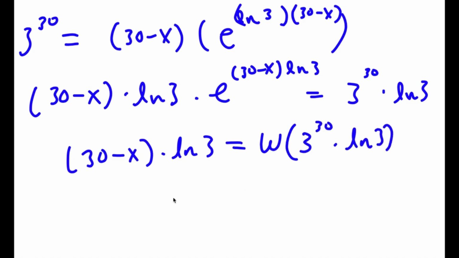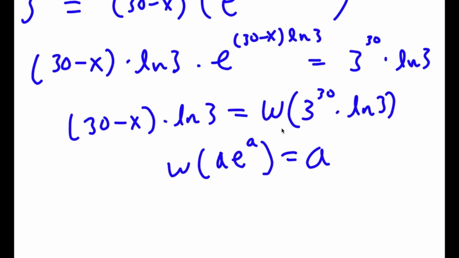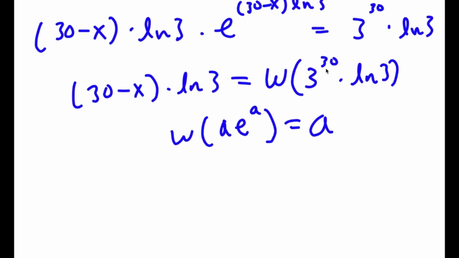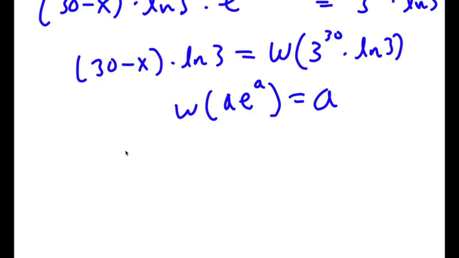And what the Lambert W function is: if I take the Lambert W function of something in the form a times e to the power of a, this is simply equal to a. So as you can see here, I'm taking the Lambert W function of 3 to the power of 30 times ln 3. However, this isn't the form a times e to the power of a yet, so I'm going to have to change this and make it into that form.